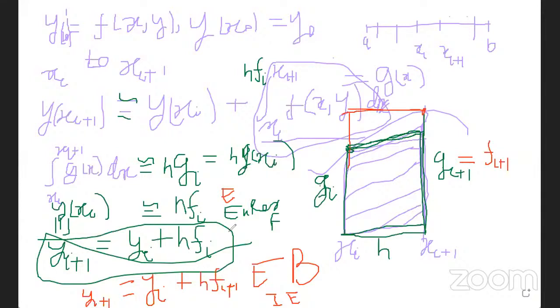So why? Can anybody answer why we call the first one the explicit Euler method and the second one the implicit Euler method?